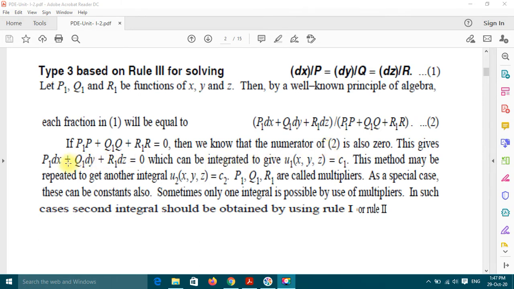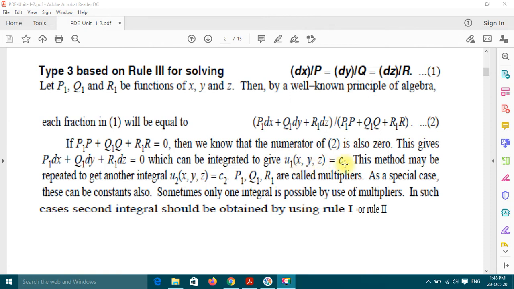This gives our equation P1 dx plus Q1 dy plus R1 dz is equal to 0, which gives us one solution of the given partial differential equation, u1(x, y, z) is equal to c1.